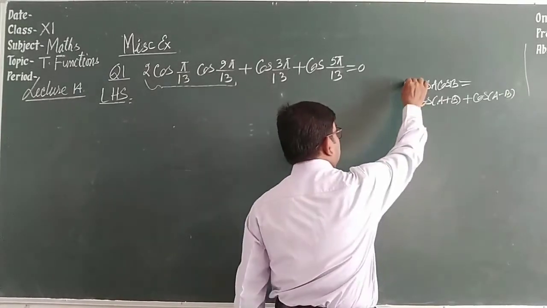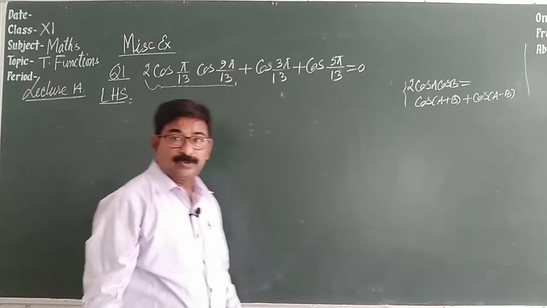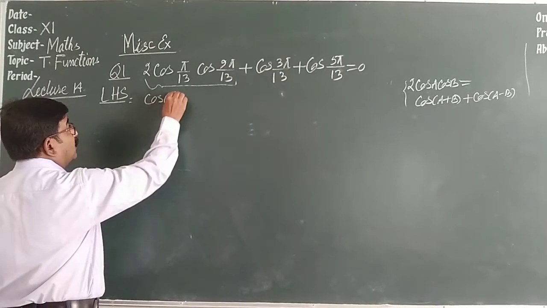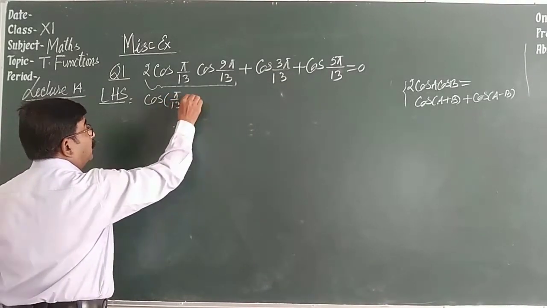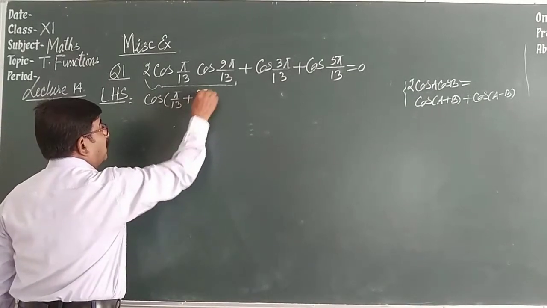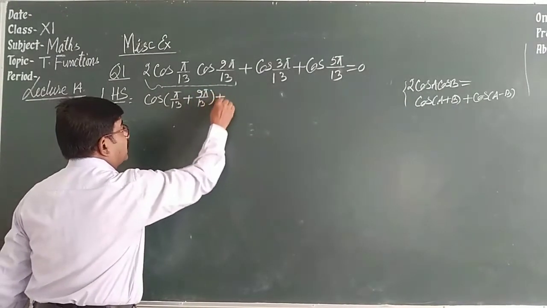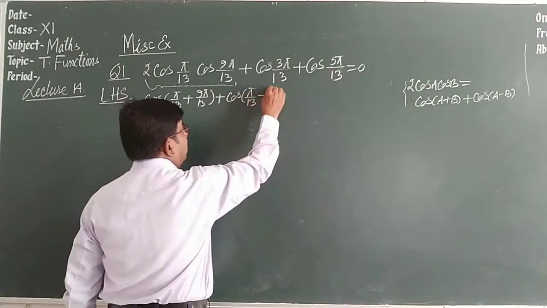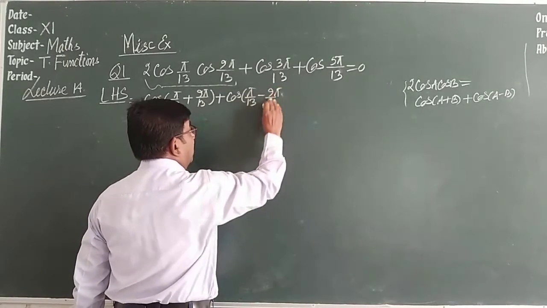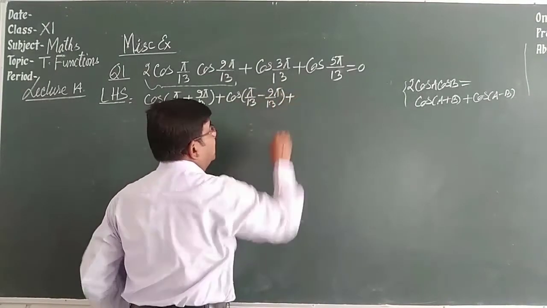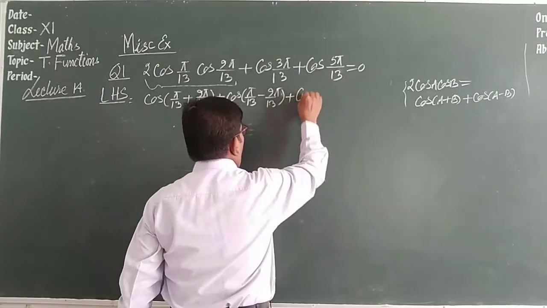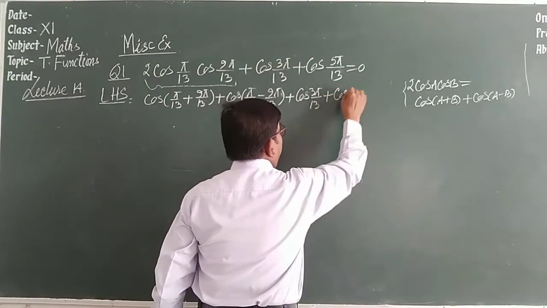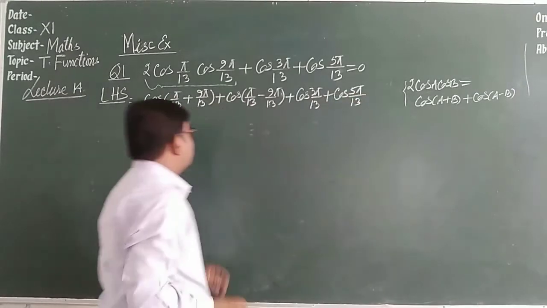This is the formula, so the same formula we are going to use. Here we have cos(pi by 13 plus 9 pi by 13) plus cos(pi by 13 minus 9 pi by 13), and these two remain the same, plus cos 3 pi by 13 plus cos 5 pi by 13. Let's simplify this one.